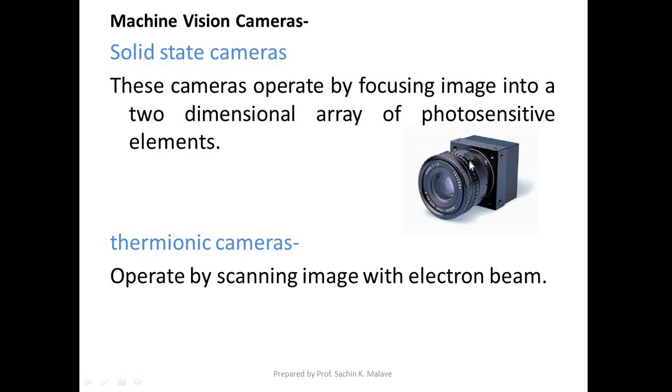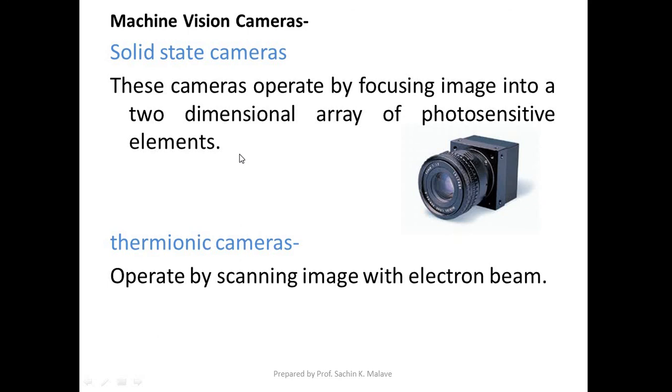The solid state cameras operate by focusing the image onto a two-dimensional array of photosensitive elements. These cameras are smaller, more rugged, and retain the spatial relationship between pixels more accurately.